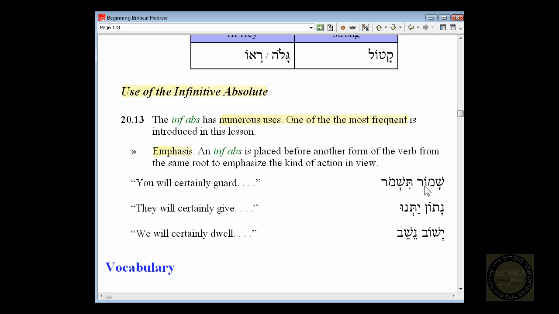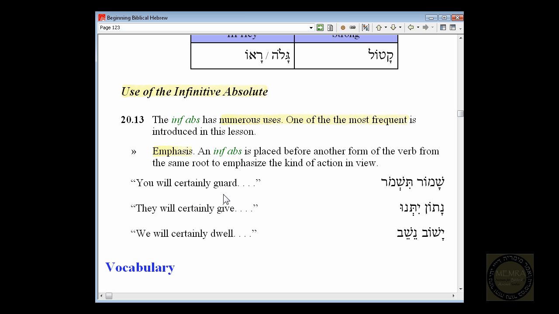There's kametz holam vav. Shamor, tishmor. So we have an infinitive absolute and an imperfect, but it's the same lemma, shamar. Naton, yitanu. Yashov, neshev. Whenever you have absolute and then an imperfect of the same lemma, you want to translate it with some sort of emphatic English.